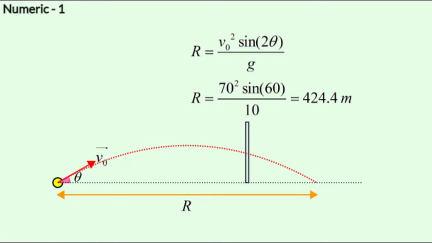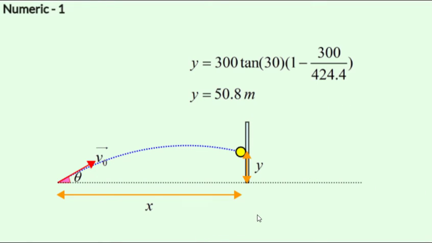Now let's substitute this back into the equation for the y displacement. So in the equation for the y displacement, we substitute x as 300, theta as 30, and the range as 424.4 meters.